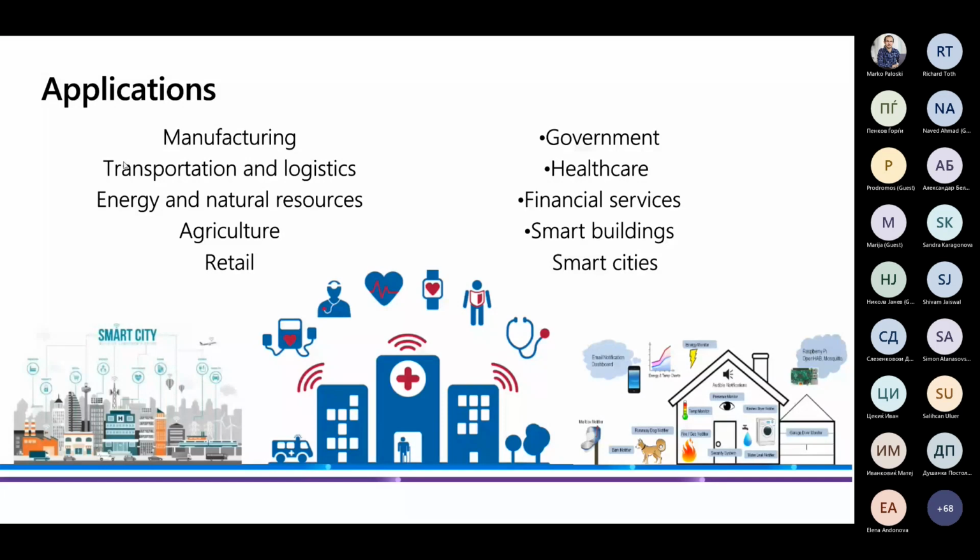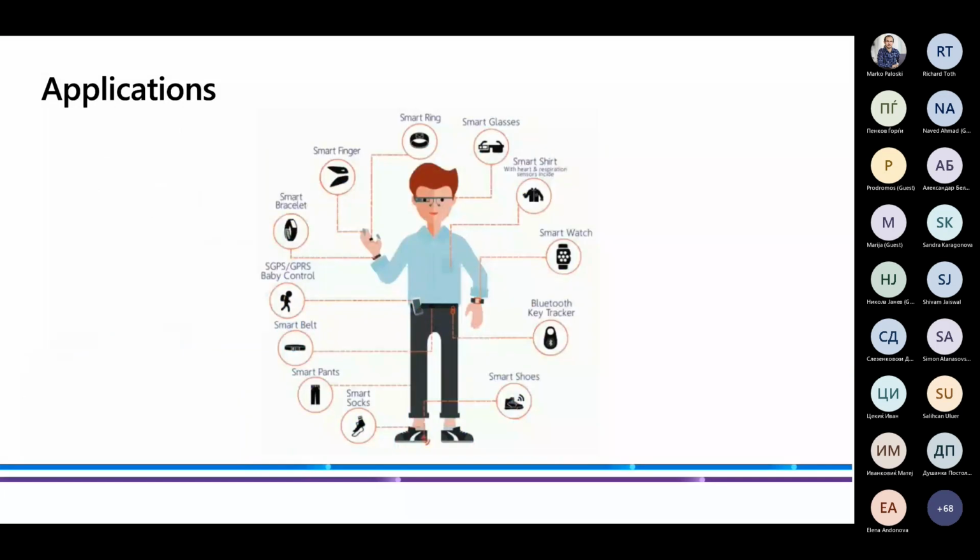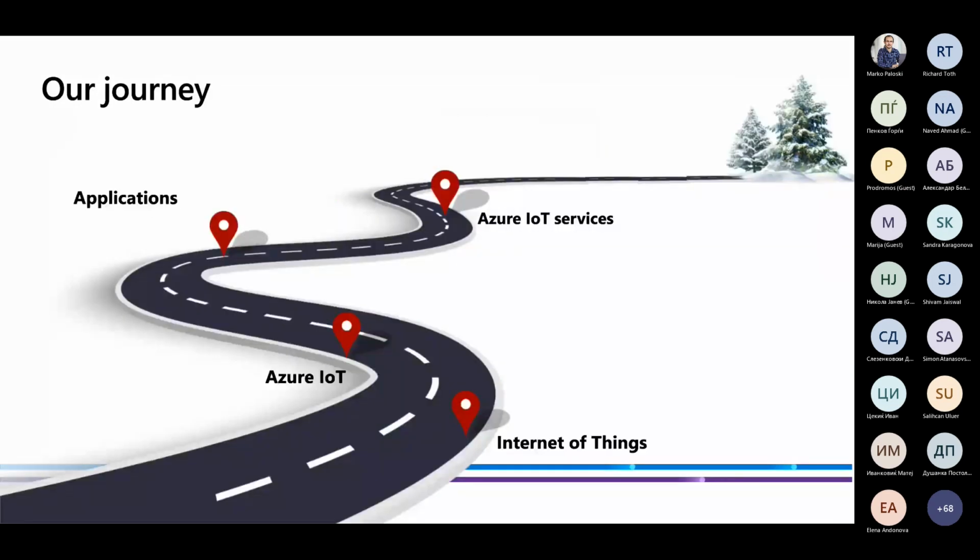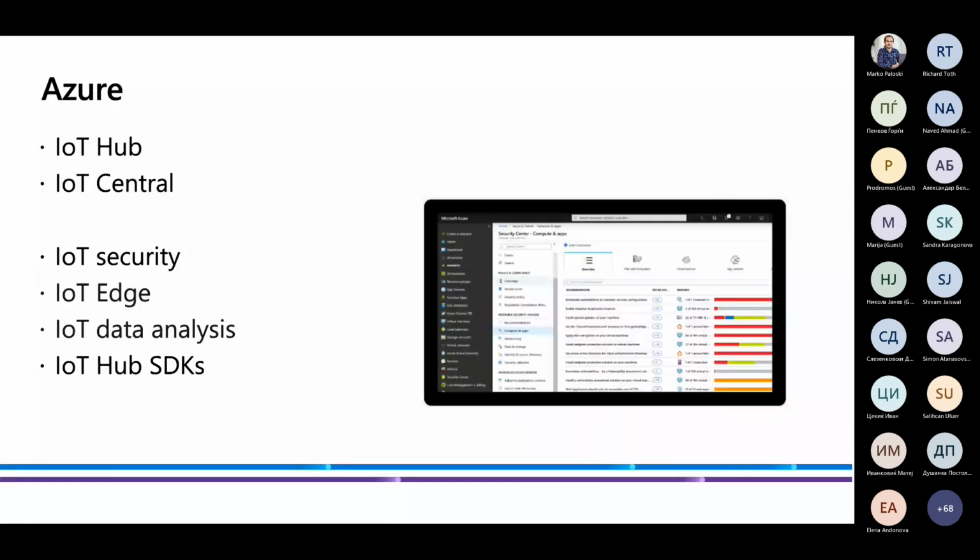But IoT is even on us, as you can imagine and as you can see. So now we're going to see which Azure IoT services we can use. The first two services are the main Azure IoT services, but there are more services for IoT. So let's take a look.